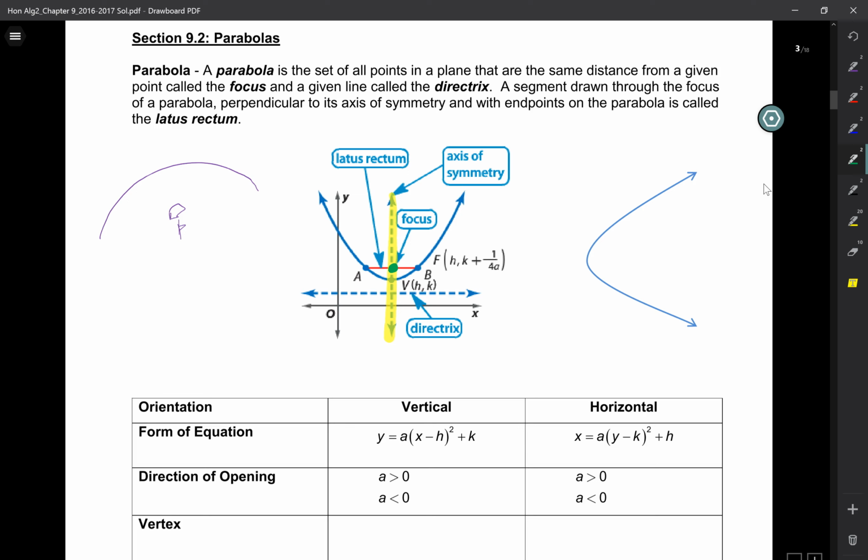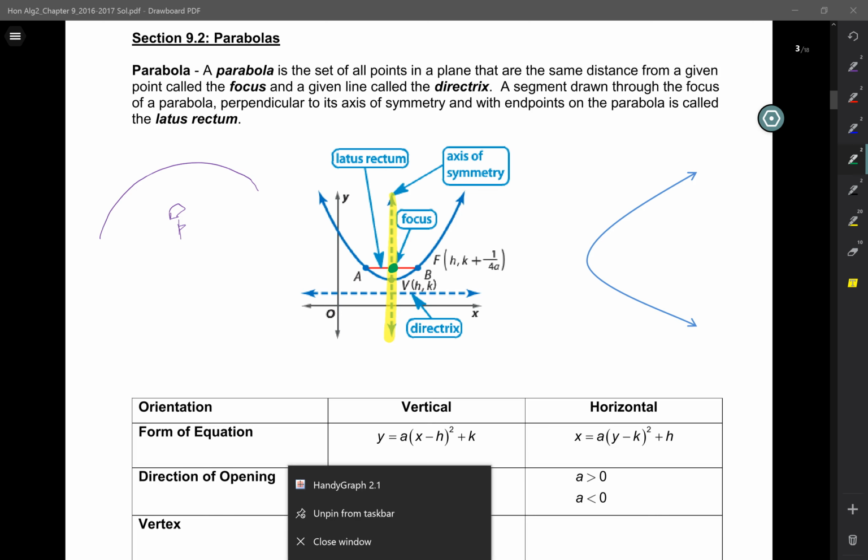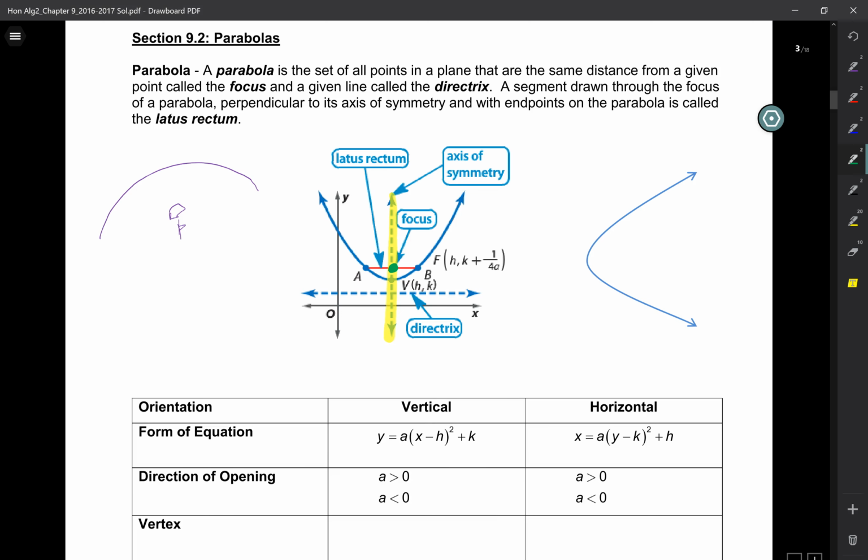So how do you create a parabola? A parabola is the set of all points that are the same distance from a focus and a given line, the directrix. So for example, if I take any point on the parabola here, if I take this point, it's the same distance to here as it is to that line, the directrix.